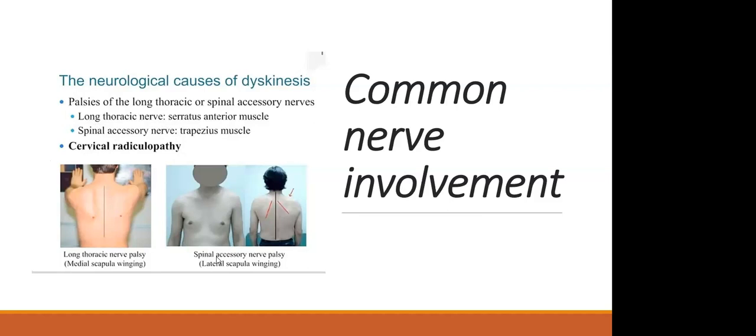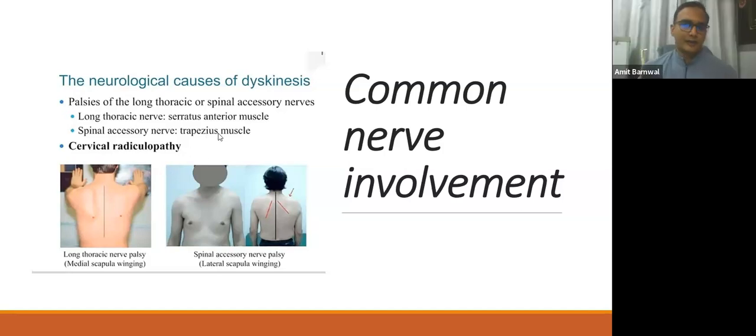So we can make the assumption that these nerves can have a big impact over scapular dyskinesia. Like a cervical radicular pathway, definitely from the mid or lower part, the neural supply of the scapula may be affected, or we can get an impact over the scapular region.